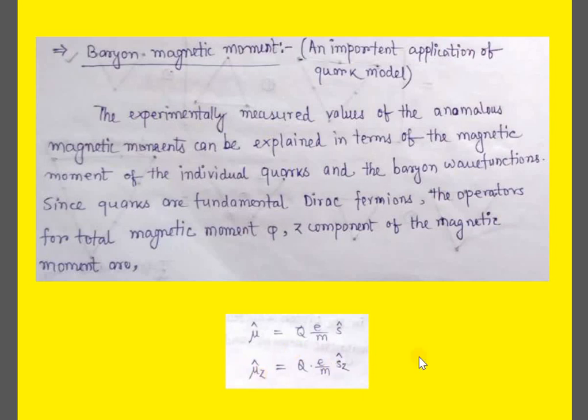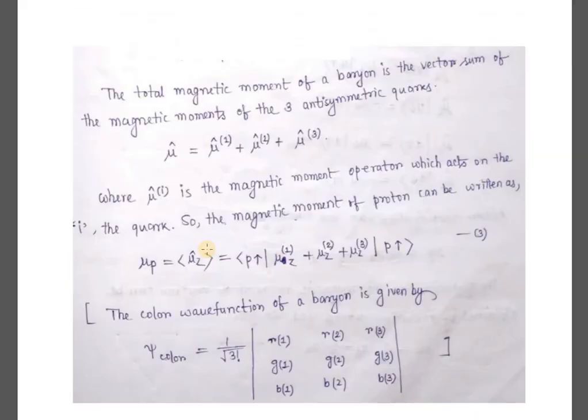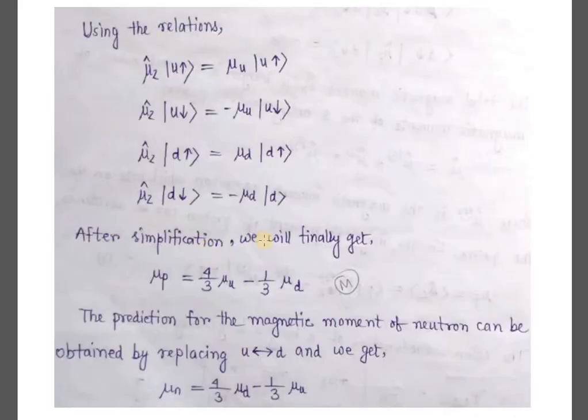So if we use these relations, then after simplification we will finally get this result, which is mu p equals 4 by 3 mu u minus 1 by 3 mu d.